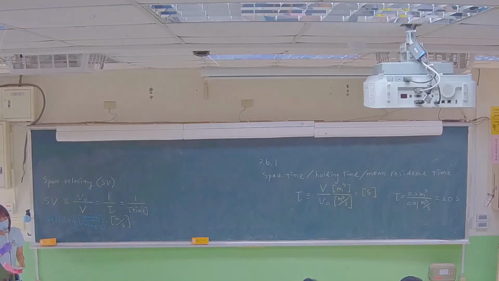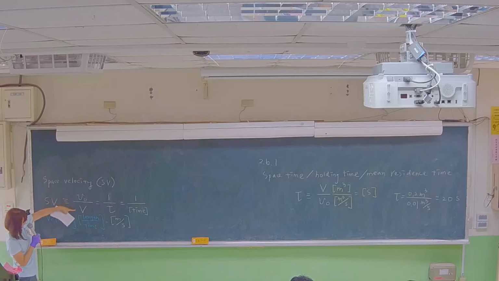Okay, so in this example, it used the same data in previous examples. So let me directly get information from previous examples for you, okay? So as you know, in the definition, you have to find volume and the volumetric flow rate.